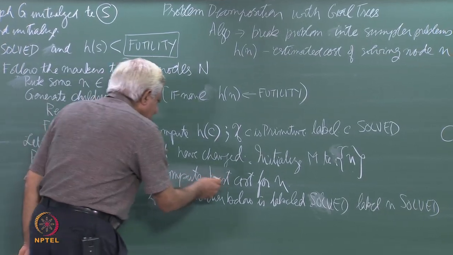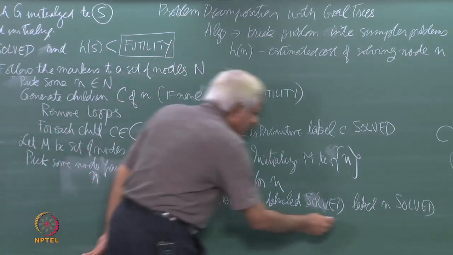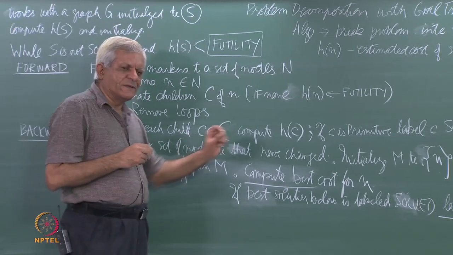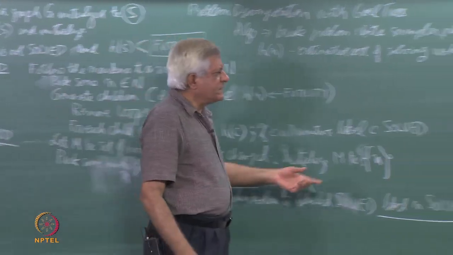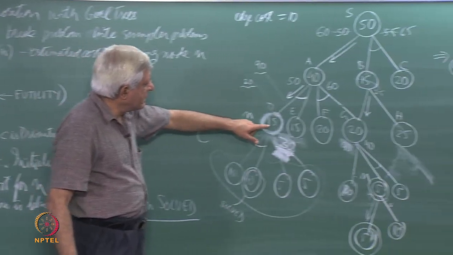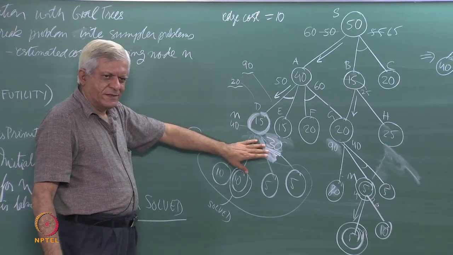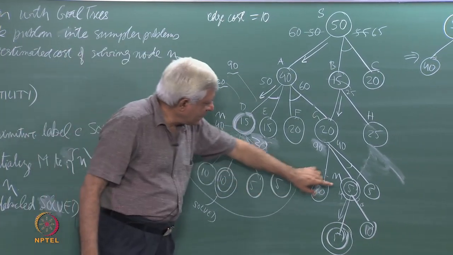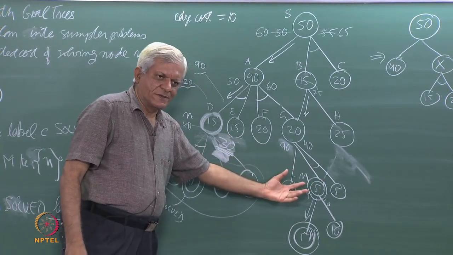So, we have done two things, compute best and possibly label it solved. If any of these things happens, we will say that node n has changed, which means it was 15 originally, it has changed to 30 in this case. In this example, it has changed from 5 to 15, and also it has got a label solved.